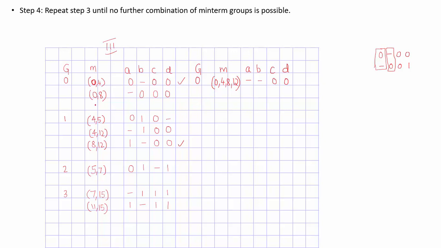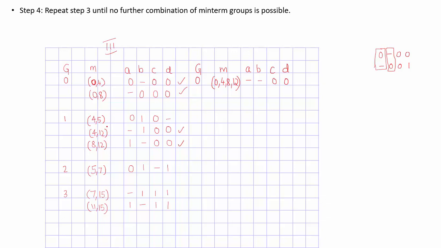So when you write 0, 8, 4, 12, it will be nothing but 0, 4, 8, 12, which is already present here. So you don't have to enter it again. You just put a check symbol next to 0, 8 and 4, 12. Next you will compare 0, 8 with 8, 12. A is dash here, B is dash here. So 0, 8 and 8, 12 differ by more than 1 bit.